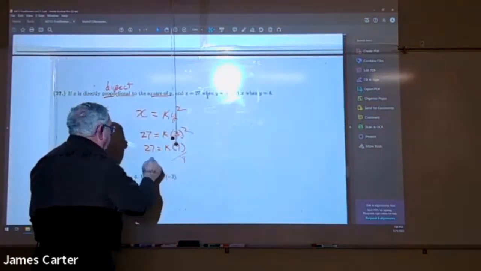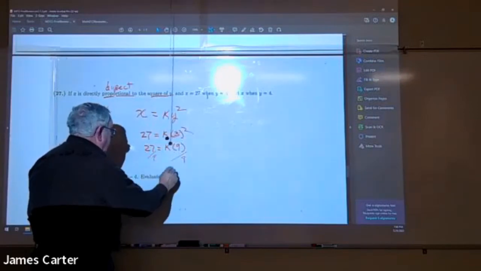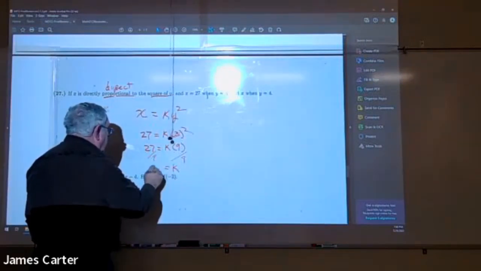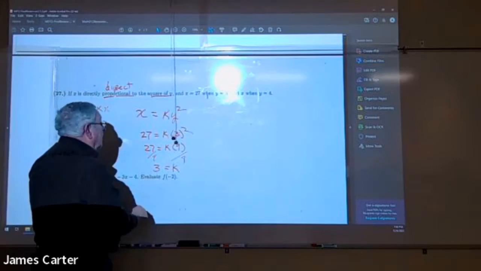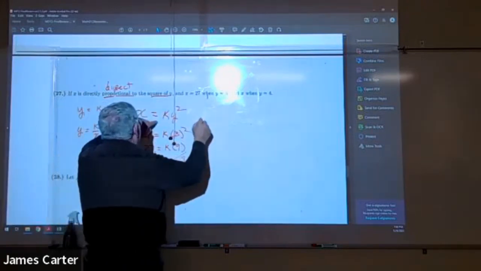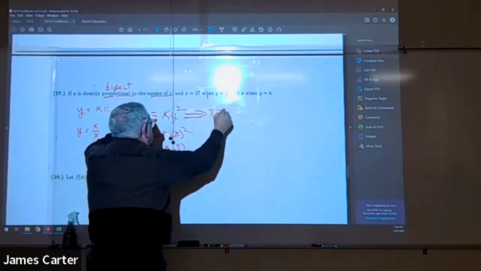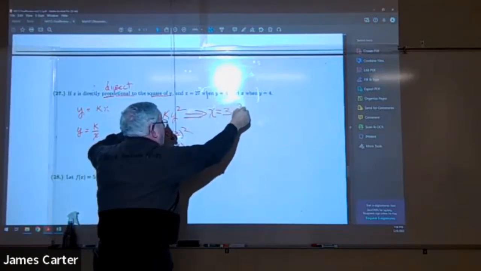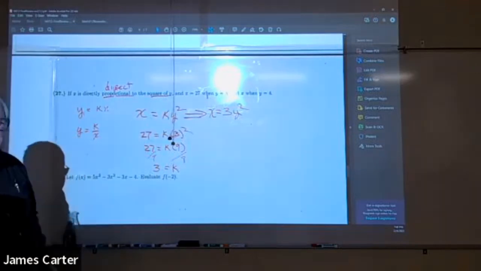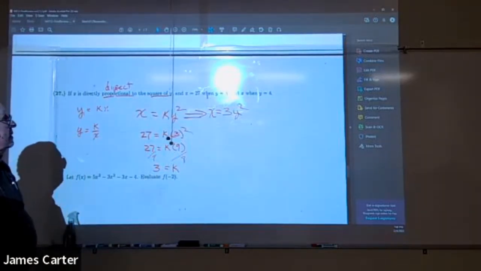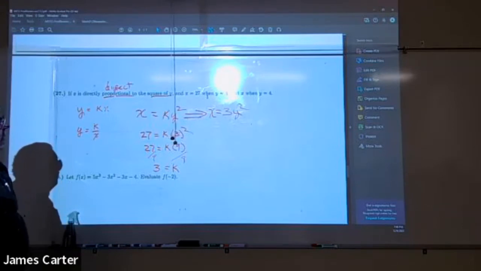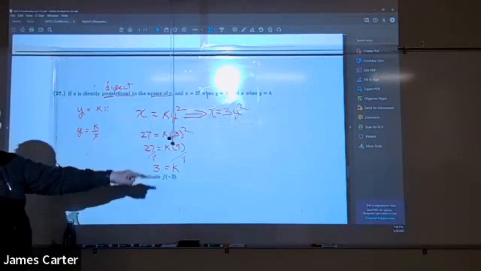Divide both sides by 9. And we get k equals 3. So that changes this to x equals 3y squared. And you need to show that equation.